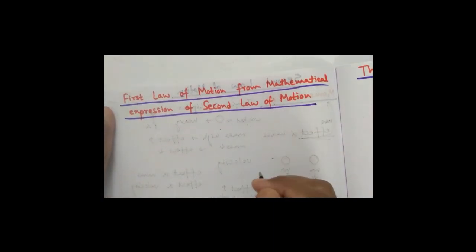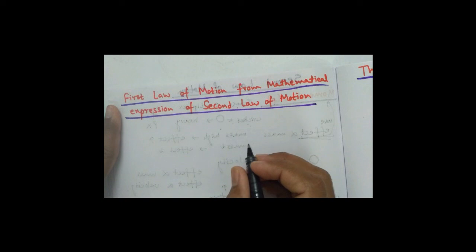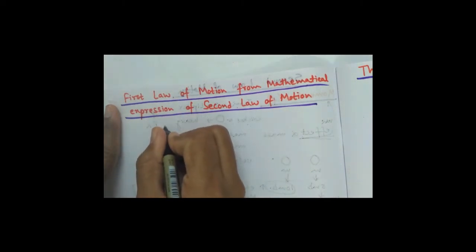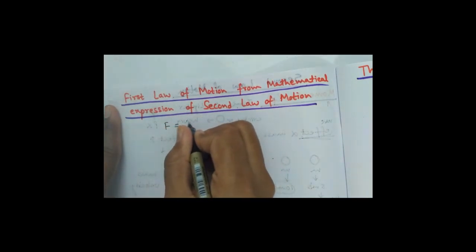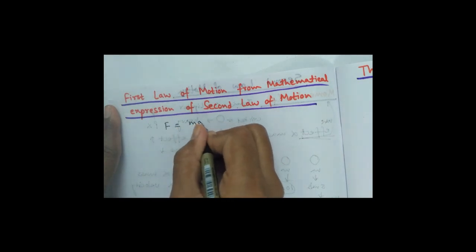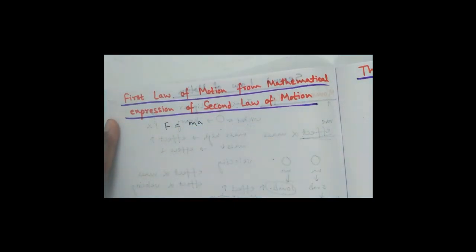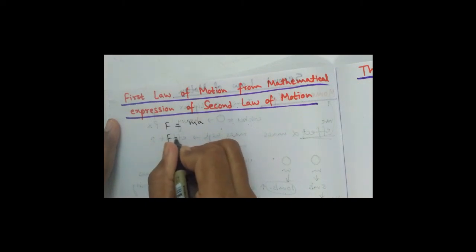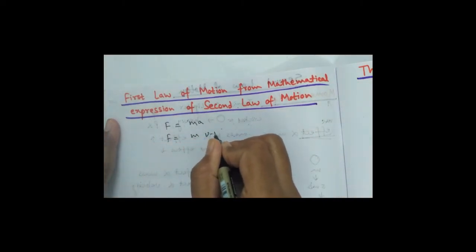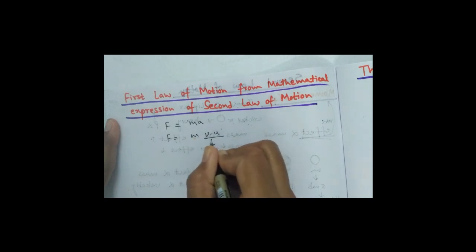We know that the mathematical expression of the second law of motion gives us the relation between force, mass and acceleration. Or we can rewrite it as F equals m times (v minus u) by t.